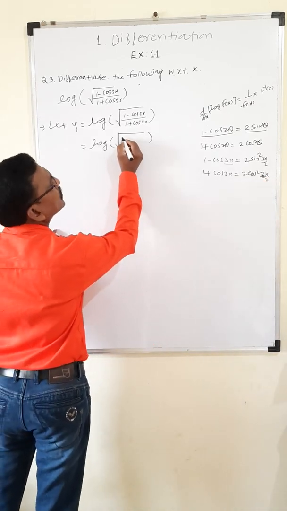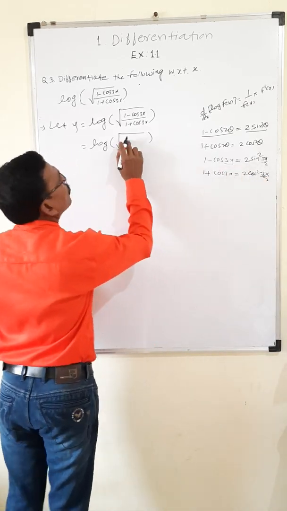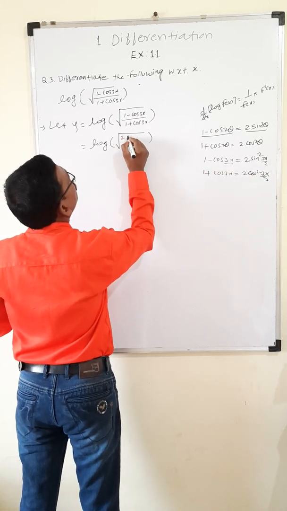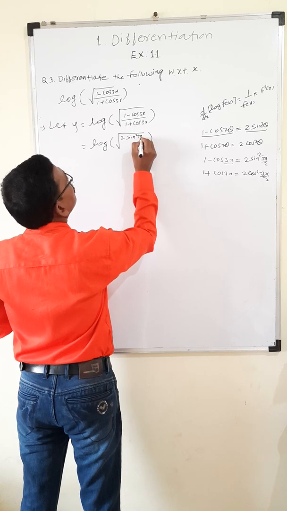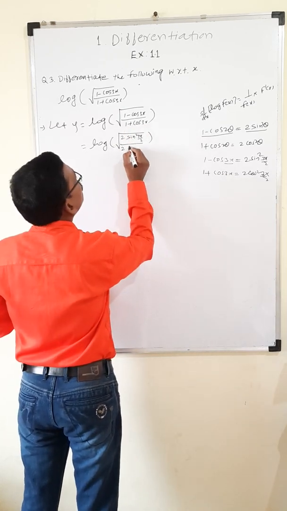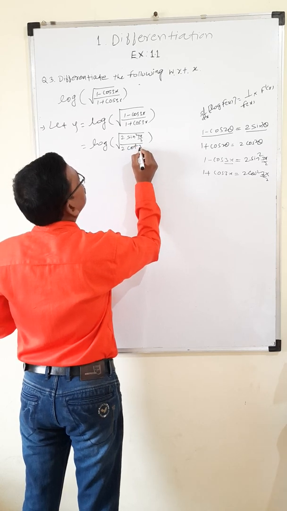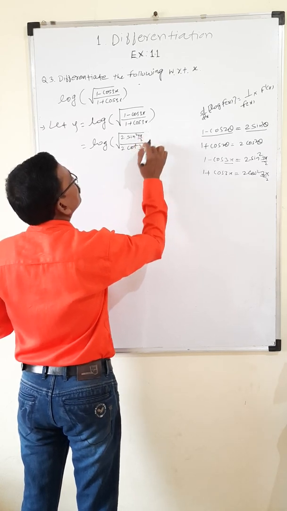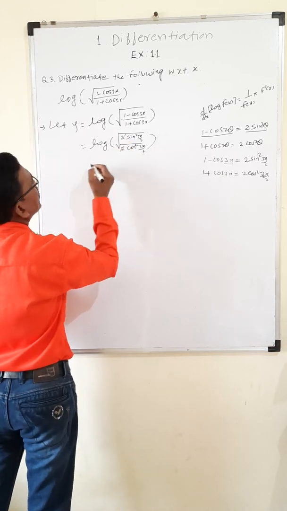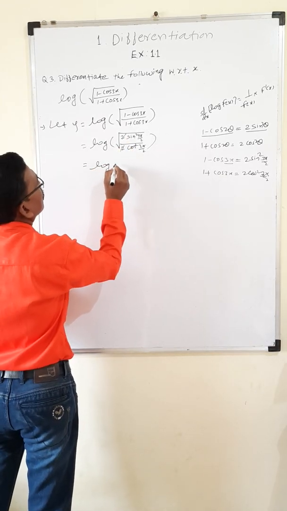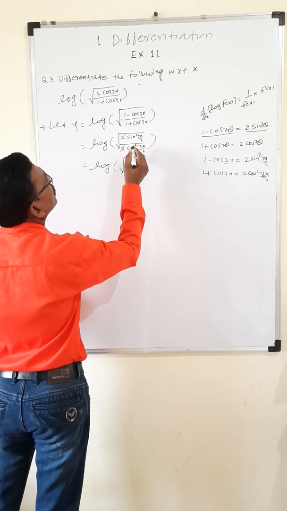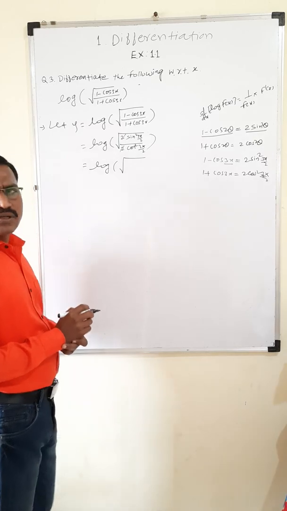So 1 minus cos 3x is 2 sin square 3x by 2, and 1 plus cos 3x is 2 cos square 3x by 2. Now 2 will get cancelled. Log of root of sin square 3x by 2 upon cos square 3x by 2.